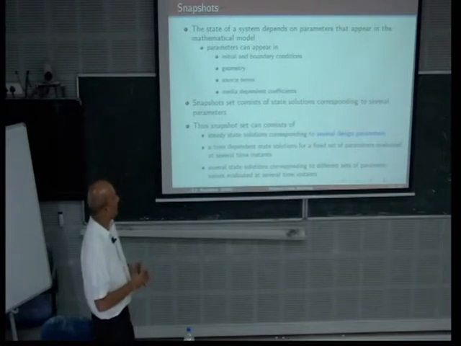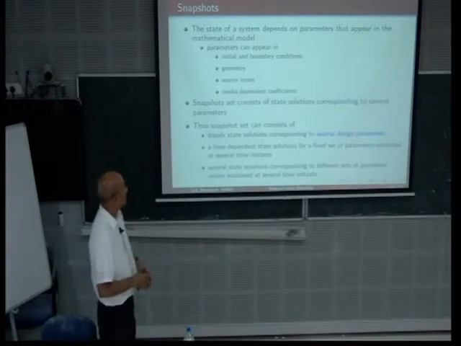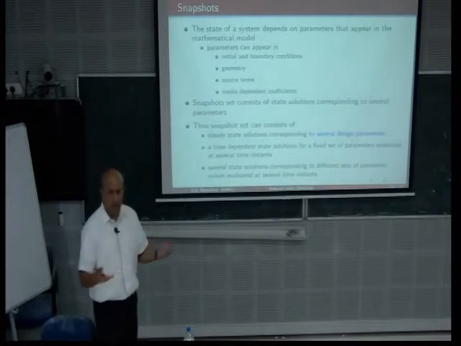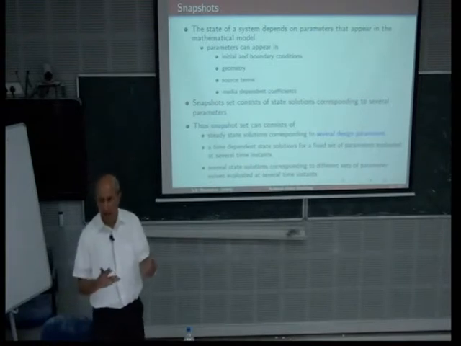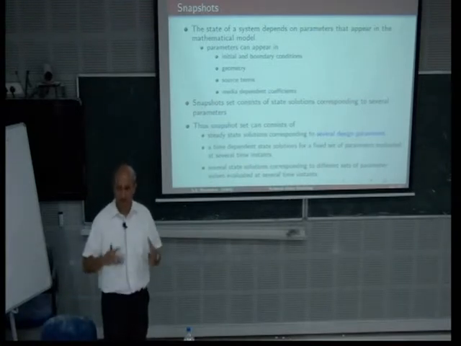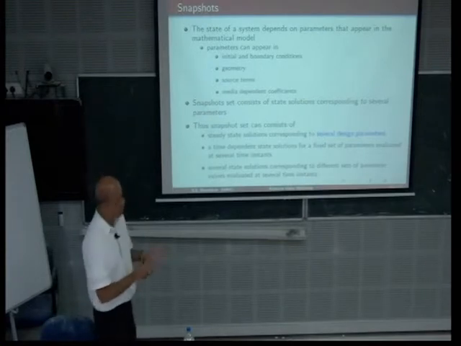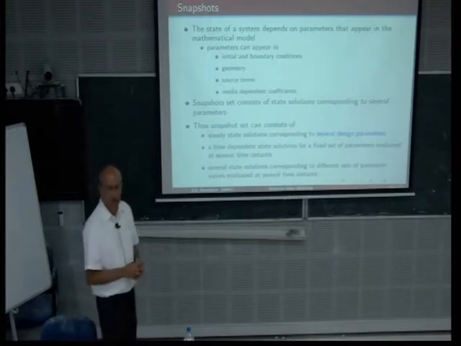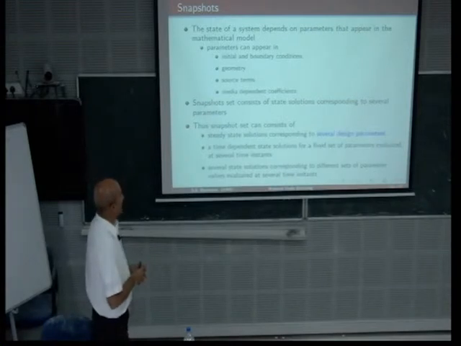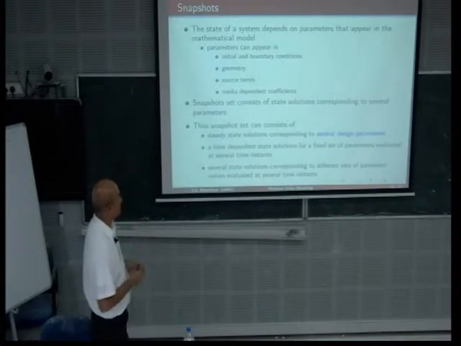If you have a parametric problem that involves, say, initial condition, geometry, media coefficients, all that could change. You may want to use the model with a different set of parameters when you do simulation. You don't just use the same parameters all the time. Your geometry may slightly change. So you have to take care of this when you generate snapshots and construct the basis.